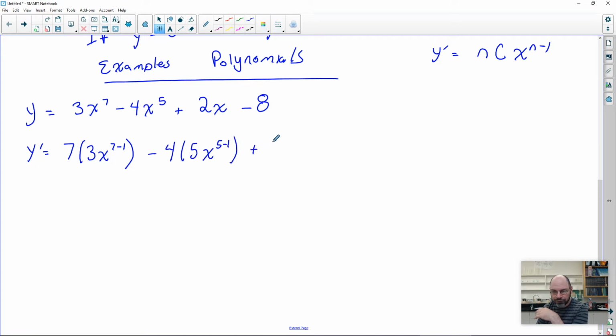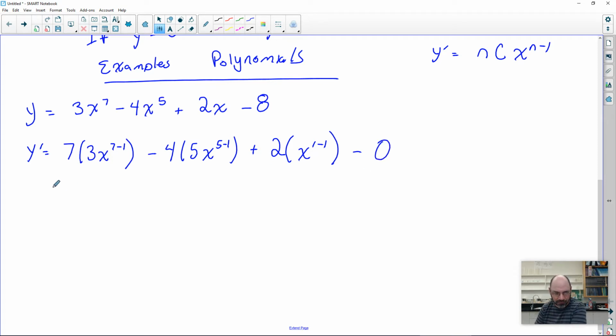Plus 2. This is interesting. 2 out front, and then x by itself is x to the power of 1, so 1 minus 1. And there's no x there for the constant, so that's 0.